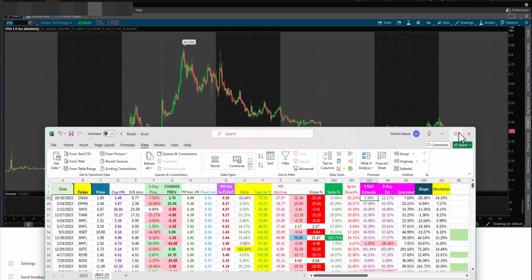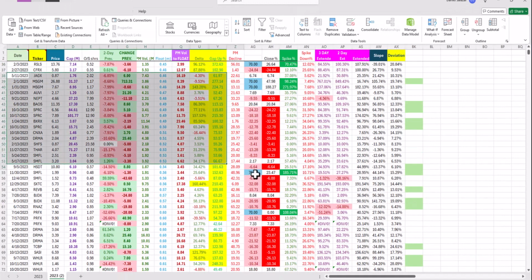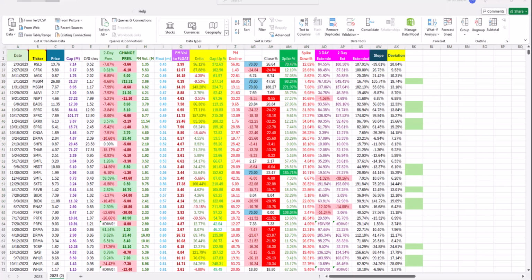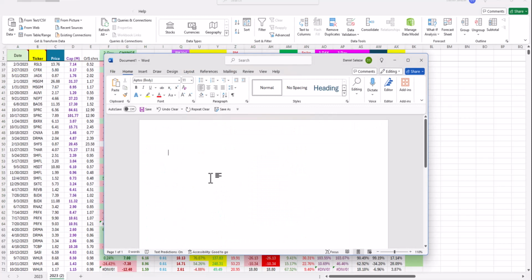So pretty much all of this data right here, all of this data I record meets 5 criteria. That 5 criteria is right at 9:25 a.m., that's 5 minutes before market opens.